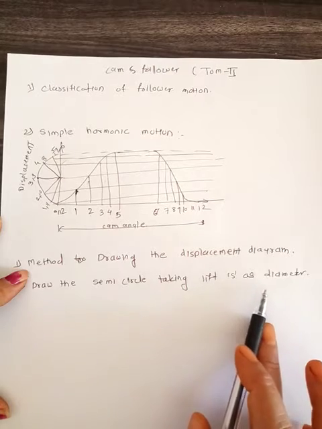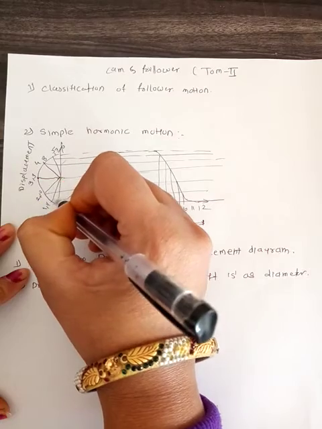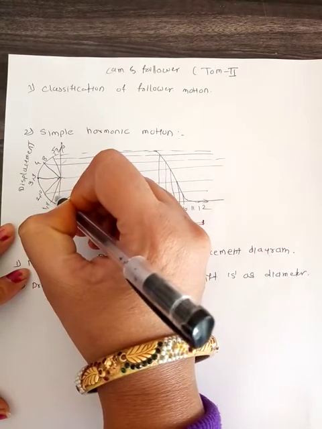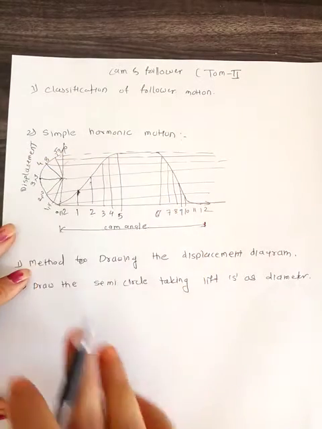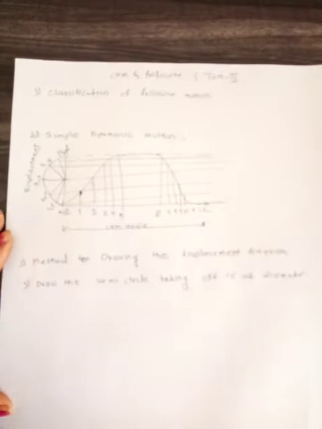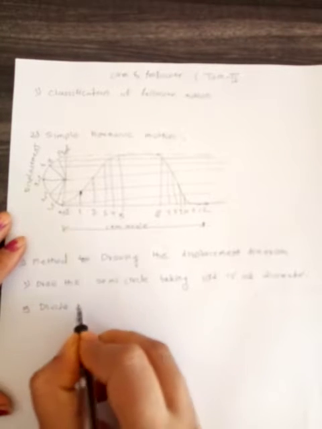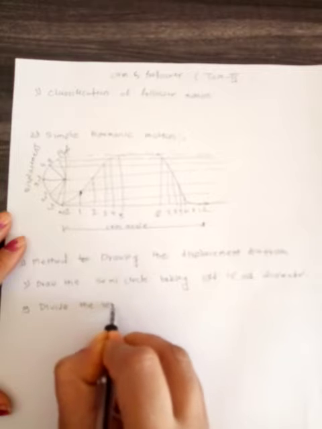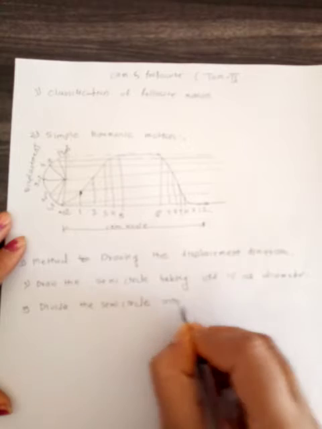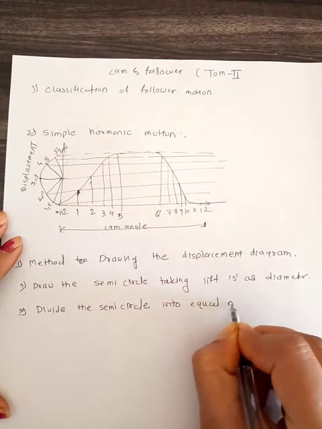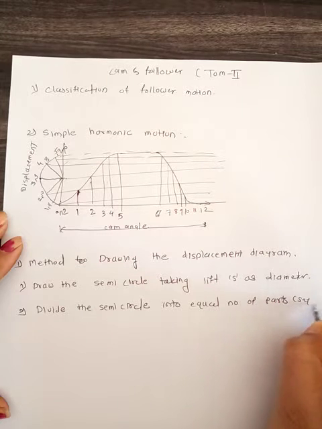The lift S as diameter is given in the problem, so we take S as the diameter of a semicircle on the y axis, that is the displacement. The second step is to divide the semicircle into an equal number of parts, say 6.